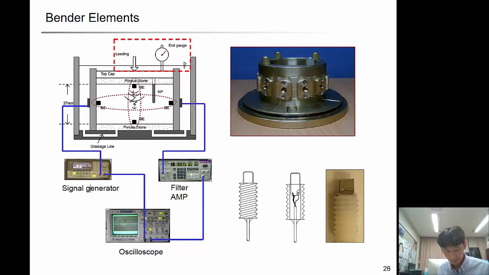The typical setup here is that you have a signal generator that drives the source bend element, and the receiver bend element acquires the S wave. That acquired signal is amplified, filtered and captured in the oscilloscope.